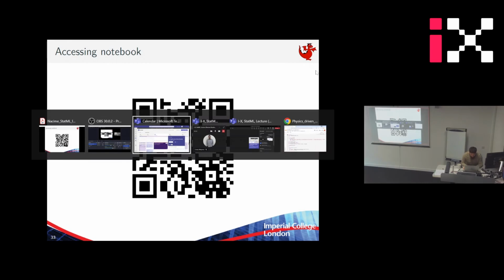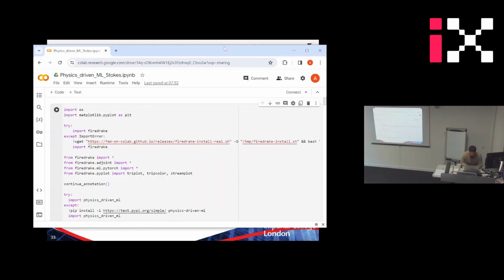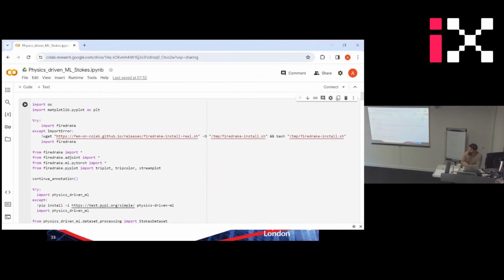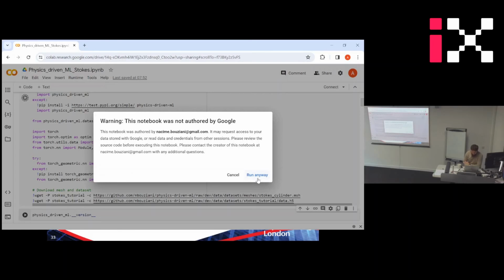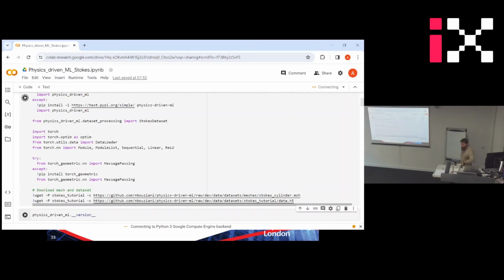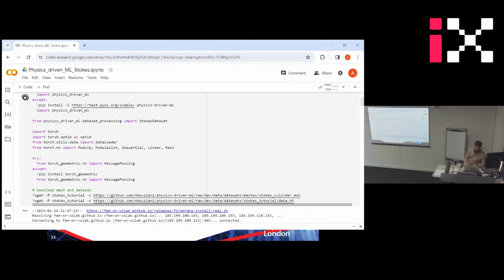What you should see is something like that. You show the QR code. Ah, sorry.